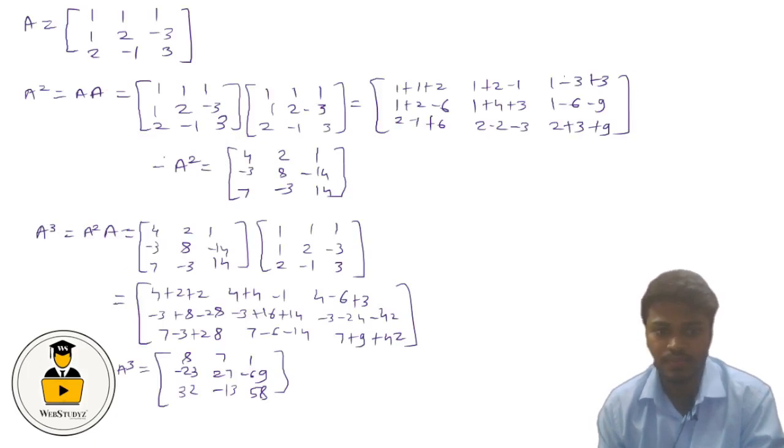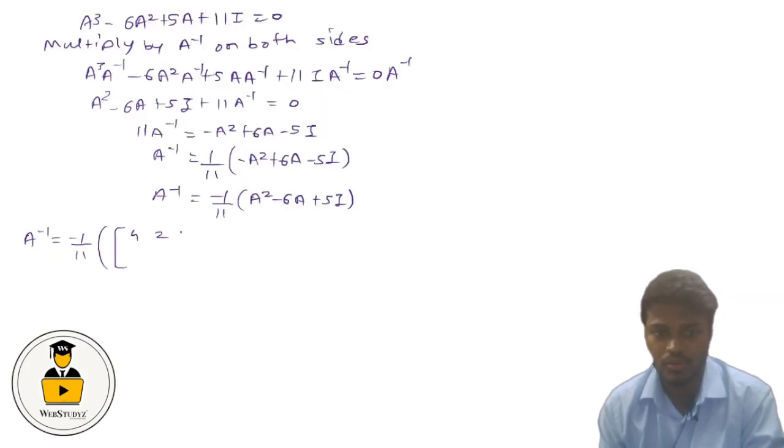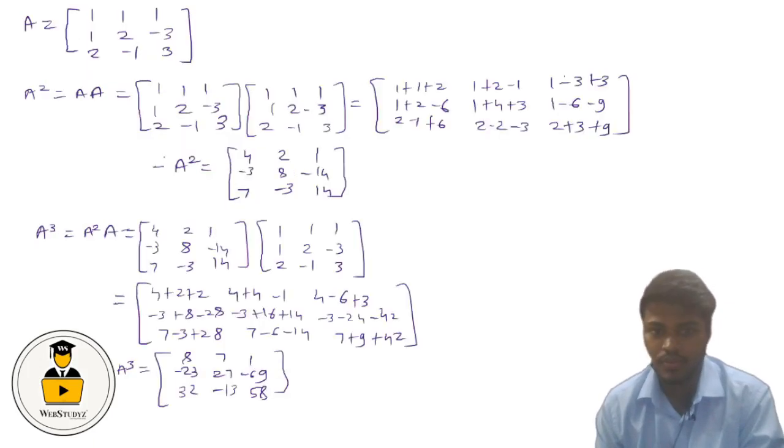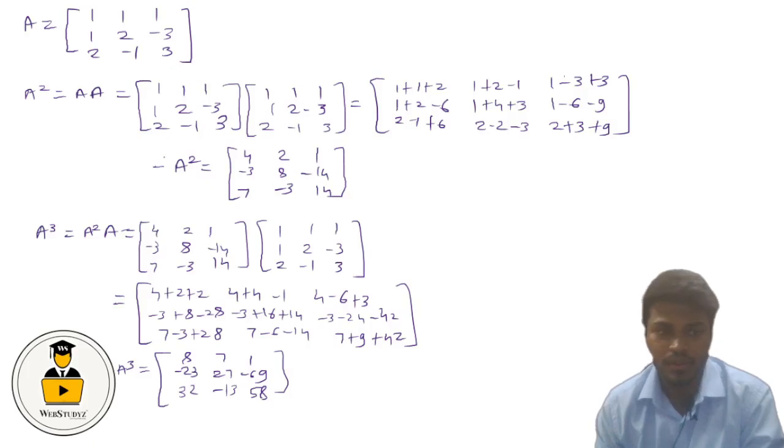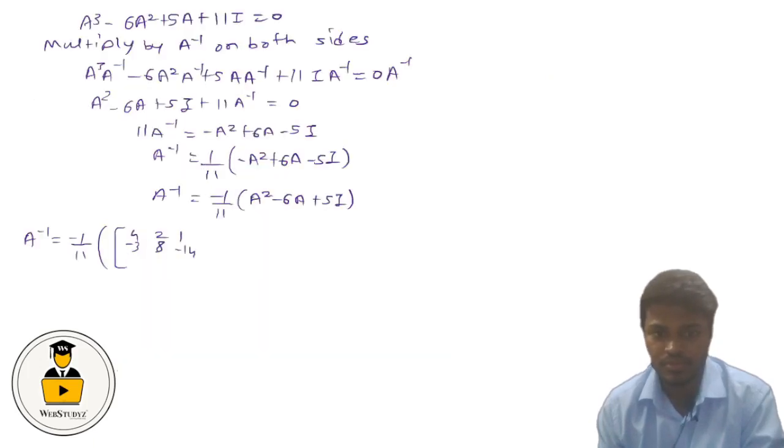4 2 1, minus 3 8 minus 14, 7 minus 3 14. So this is our matrix A square.